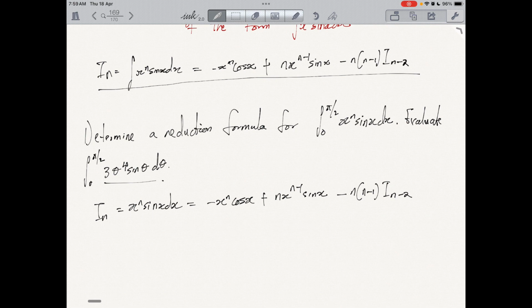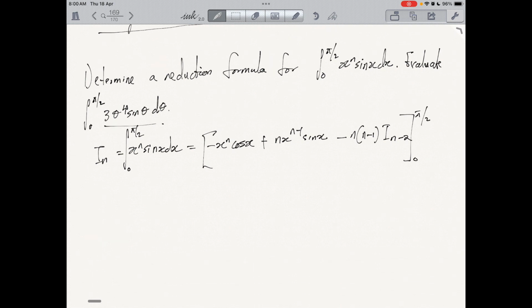So In has an integral of this. What if it is now from lower limit 0 to pi over 2? Therefore, we'll have to apply our upper and lower limits from 0 to pi over 2.